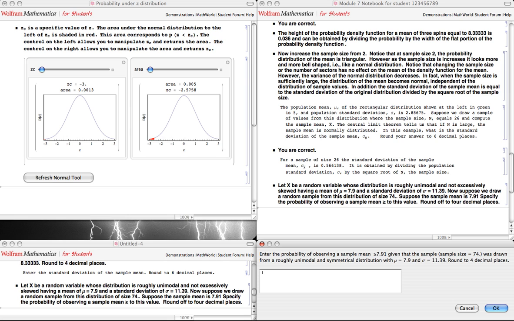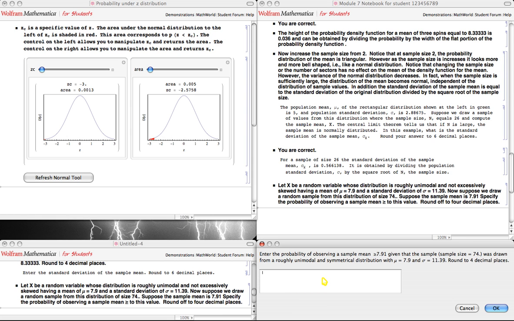Now here it says let X be a random variable whose distribution is roughly normal, so it's not excessively skewed, with a certain mean and a certain standard deviation. You draw a random sample from this distribution of a given size. Suppose the sample mean is 7.91. Specify the probability of observing a sample mean that is greater than or equal to this value.